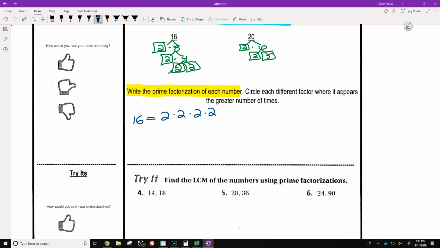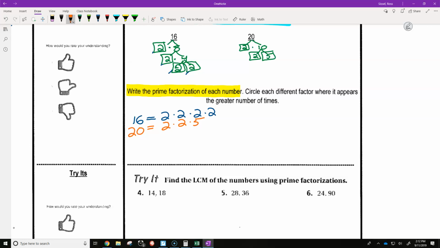That was all these listed right there. I'm then going to write the prime factorization of my second number, which was 2 times 2 times 5. So far, nothing different. You actually had to do this for homework already.